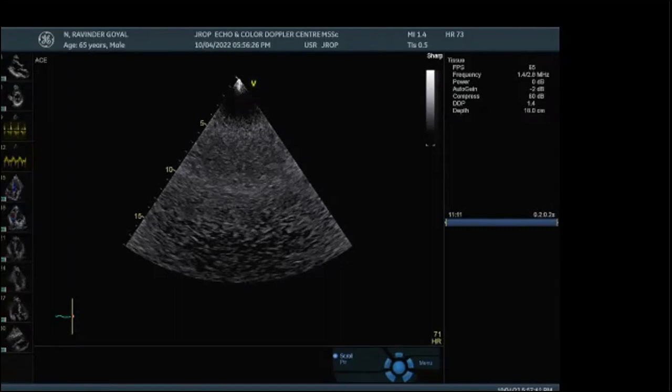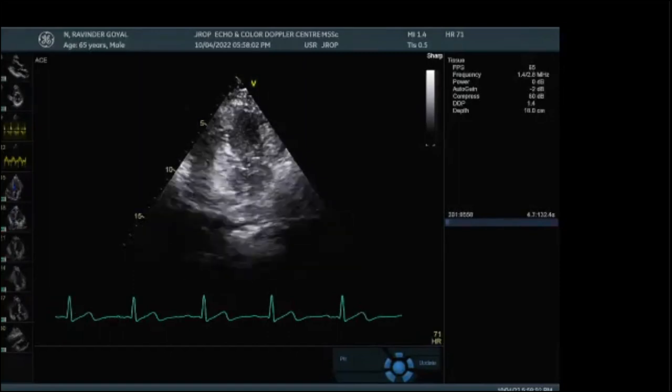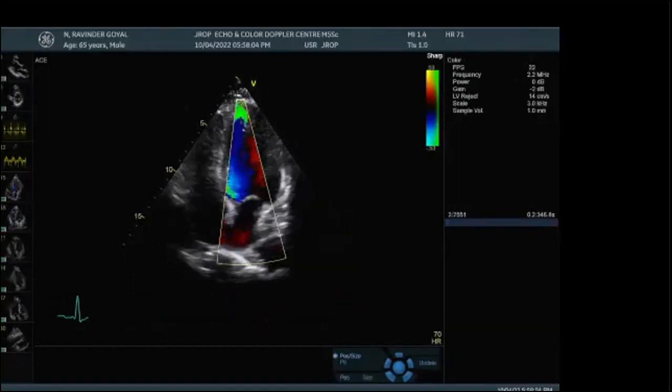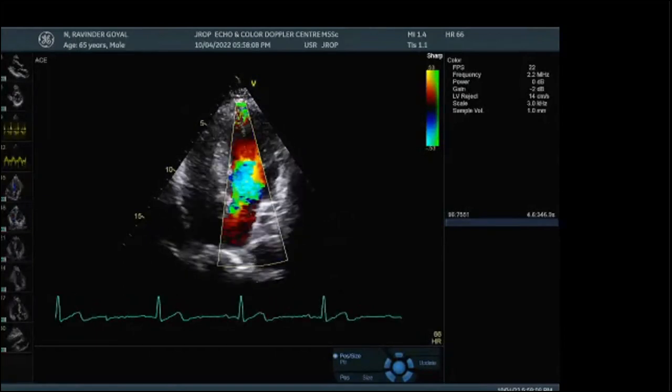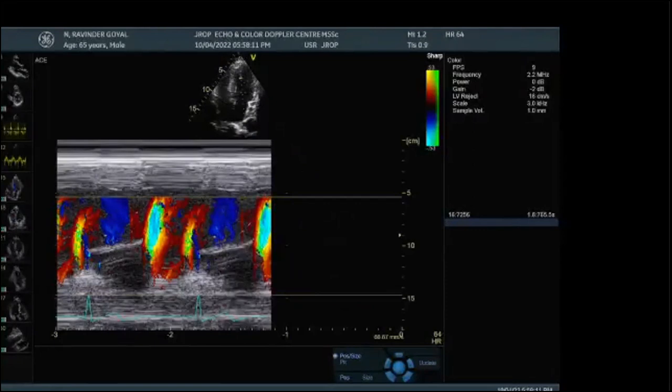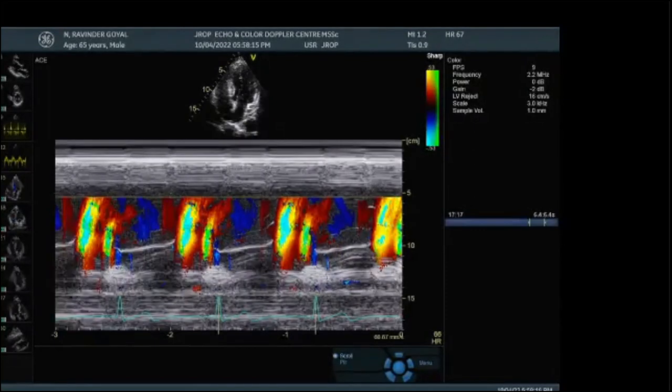Hello. Thank you, sir. I have two queries. The first one is, can you again repeat the frequency speed in color Doppler, and what is its importance? It is not frequency speed, it is color flow propagation.